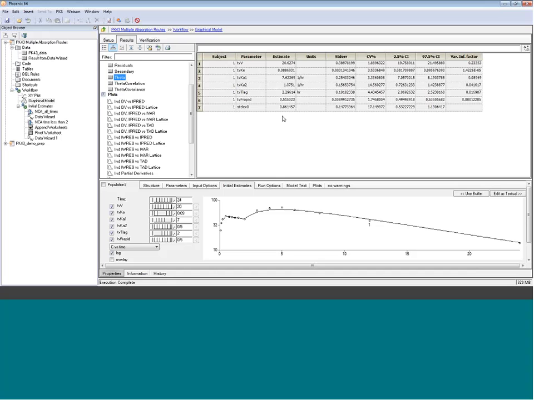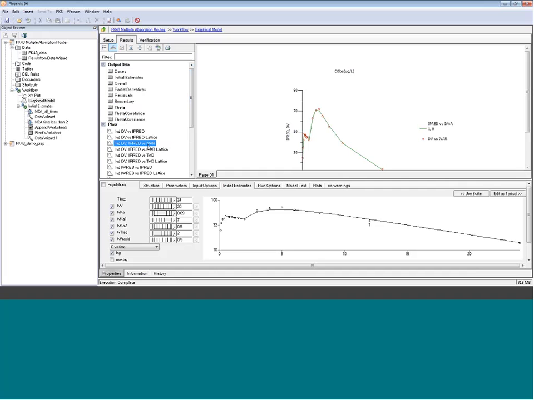Okay. So I can look at my final parameters, which are going to be on the theta worksheet. And we also get the fitted curve, which is represented here.